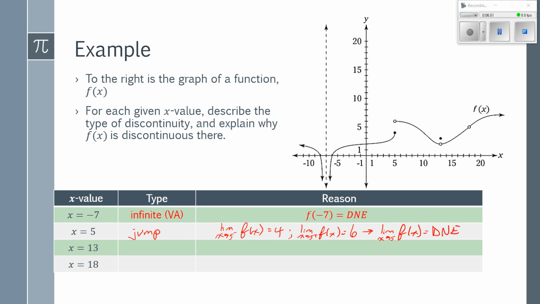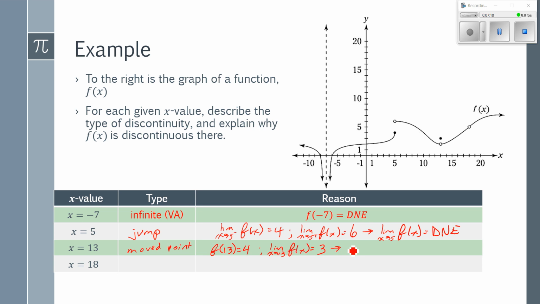At x equals 13, I can see that there is a moved point. If I also put removable for the type, that is acceptable. In terms of reason, I can see that f of 13 is equal to 4, whereas the two-sided limit as x approaches 13 from the left and the right for the function is equal to 3.